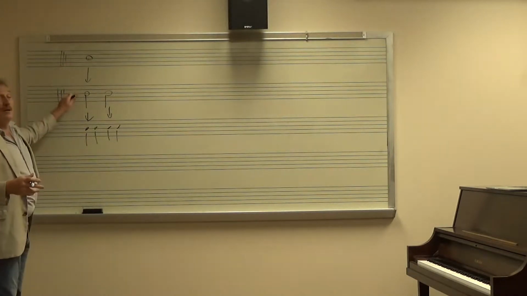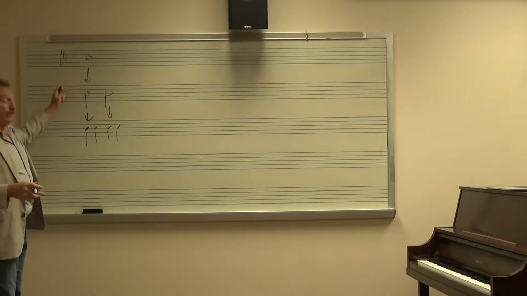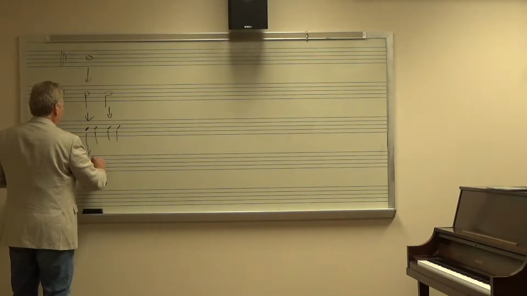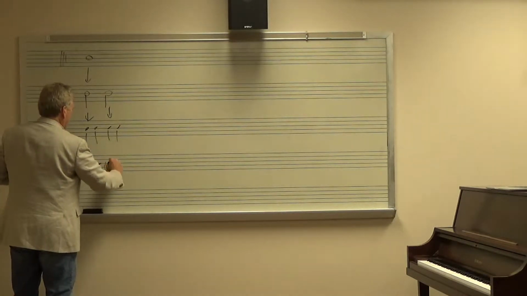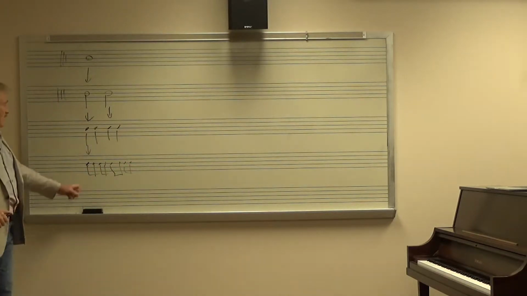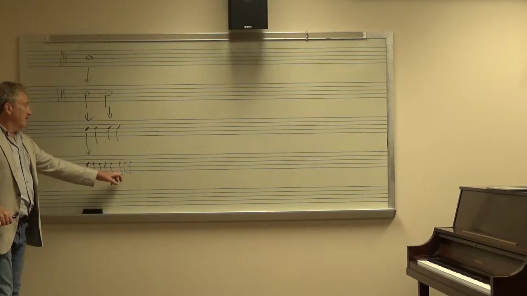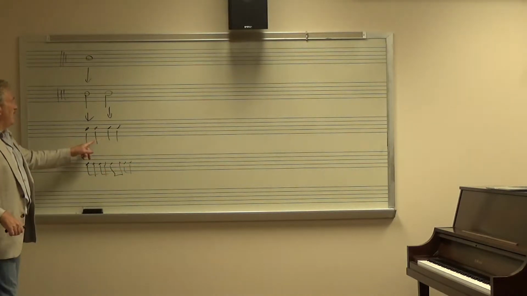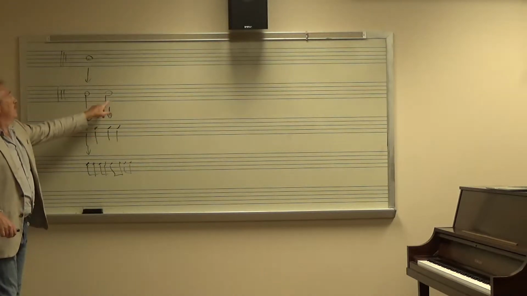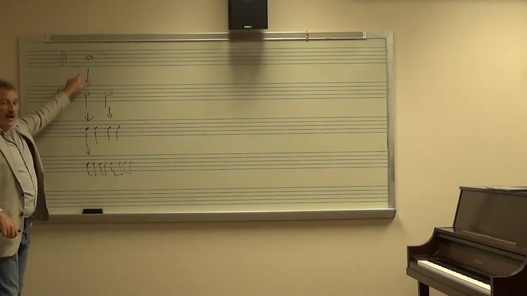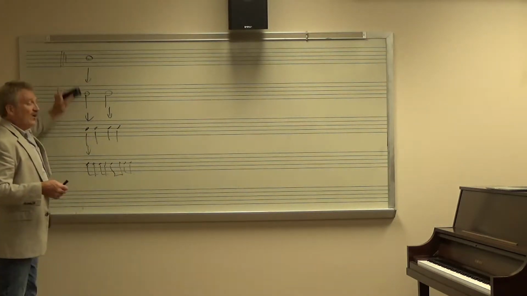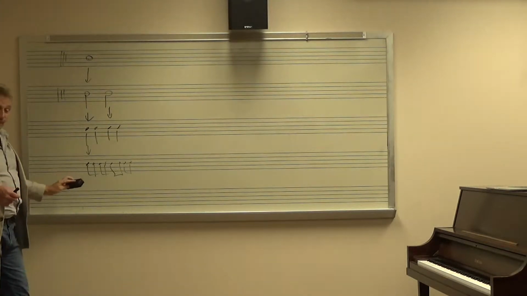Here I've divided my whole note into two half notes, and then I further subdivide into two eighth notes. And if I wanted to subdivide further, my eighth notes divide into 16ths. Here I can beam them together so I can see them. Each one of those doubles the value going up, and each one halves the value going down.